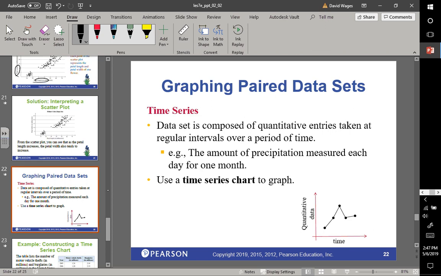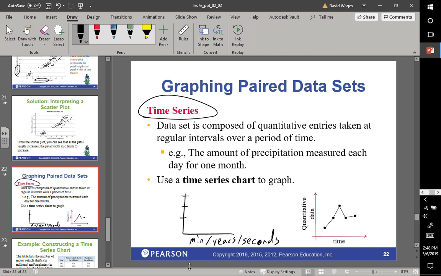This book calls this particular graph a time series, and all they mean is a scatter diagram where the horizontal component is time. It could be in minutes, it could be in years, it could be in seconds, and then some corresponding value.